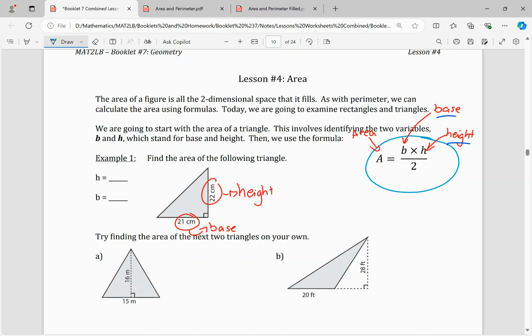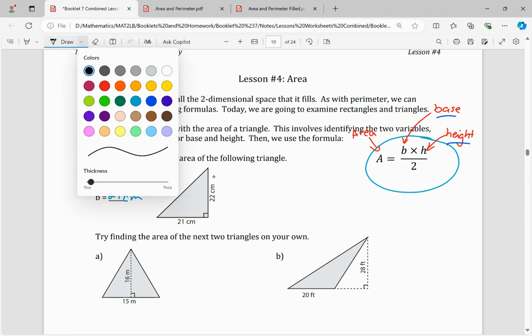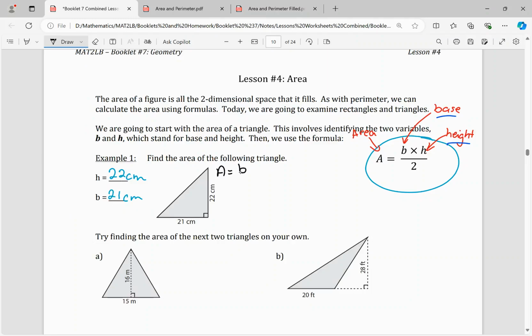So I'm just going to fill in here that the height is 22 centimeters. The base is 21 centimeters. And that means that we can find the area simply by plugging them into the equation. So, since area is equal to base times height divided by 2, that is 21 times 22 divided by 2.